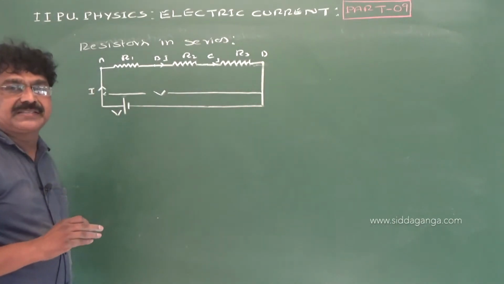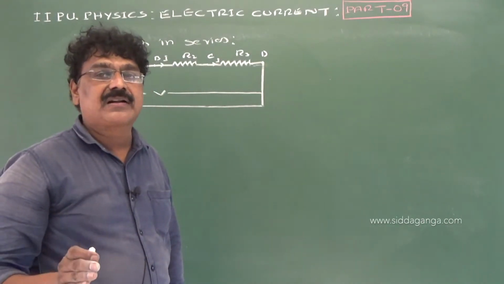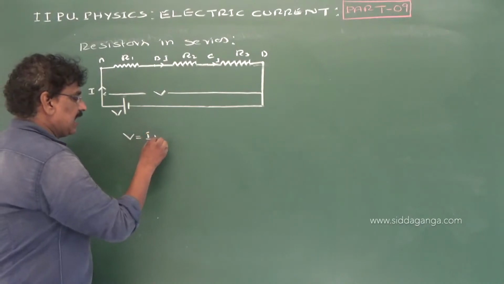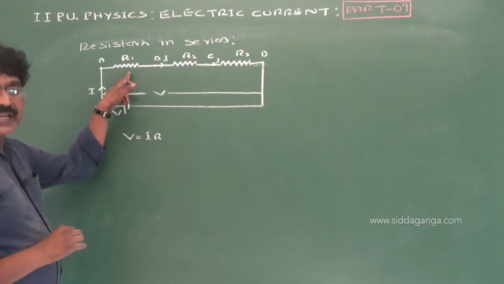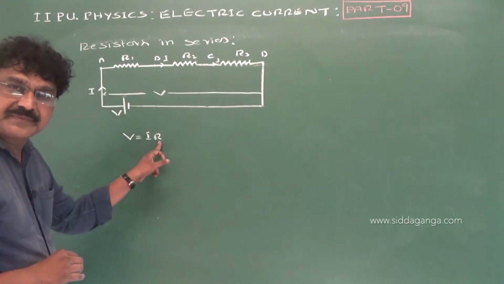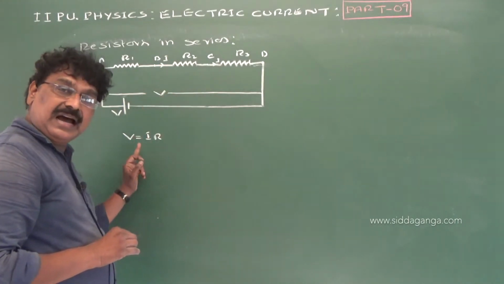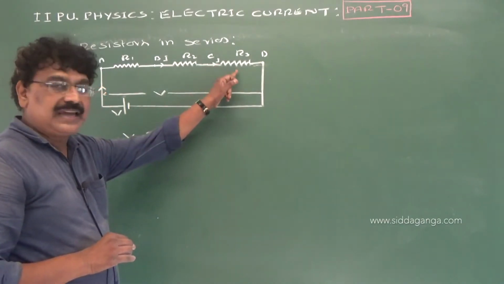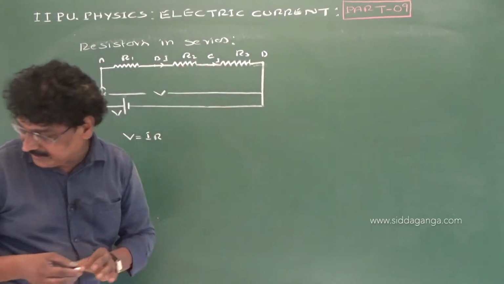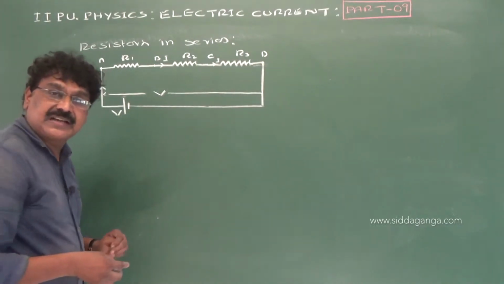But potential difference across a resistor, V is equal to IR, that is the product of current and resistance. Potential difference across R1 is I into R1. Potential difference across R2 is I into R2. This is I into R3. That means potential difference across each resistor is different.